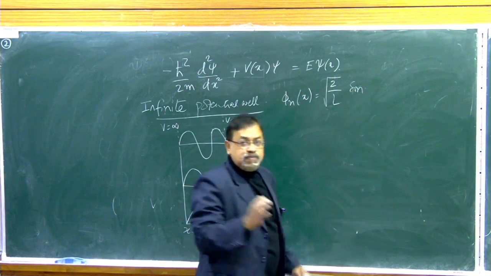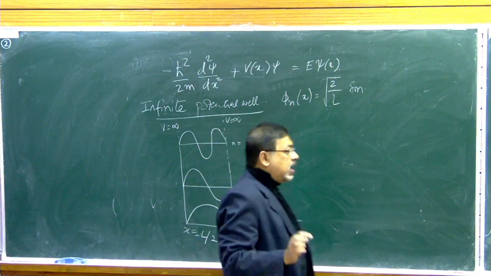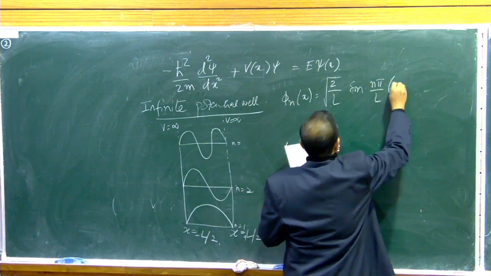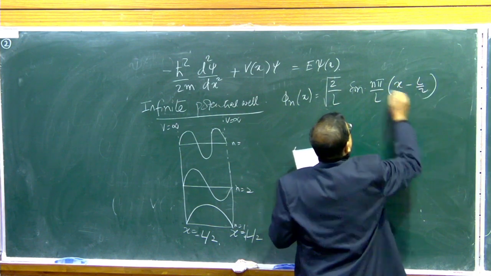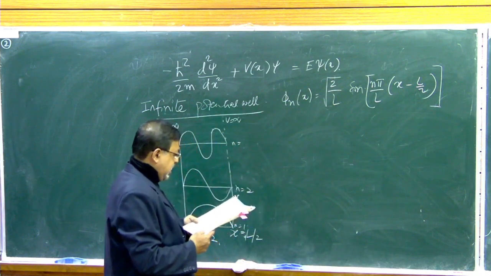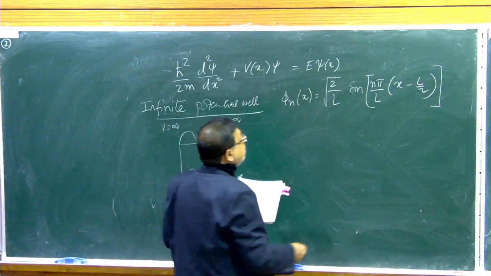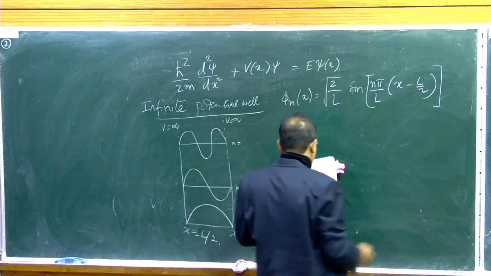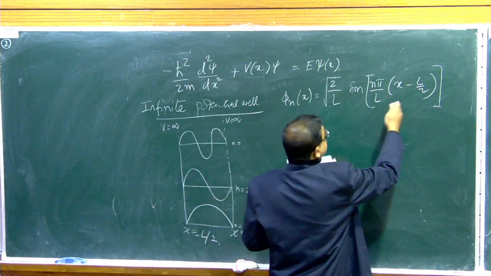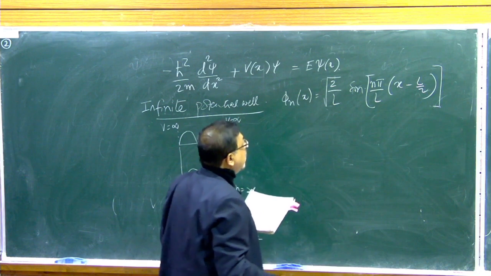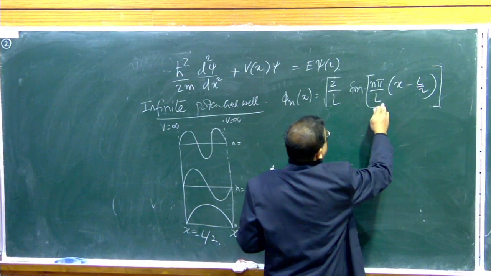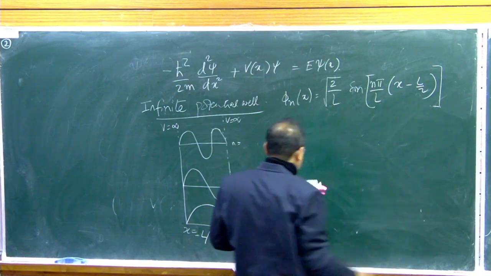Now I'm going to shift the coordinate x by minus L by 2. So this is sine of n pi over L times (x minus L by 2). So this is the wave function now. But this wave function is quite important, because if you open this up, you'll have a term which is sine n pi x by L and cosine n pi over 2, and there'll be another term which is cosine n pi x by L and sine n pi by 2.